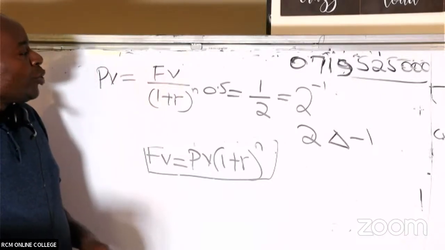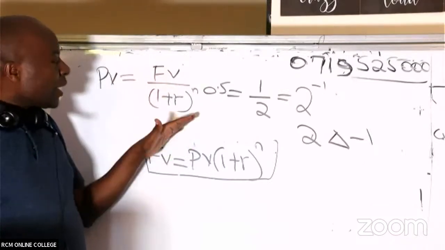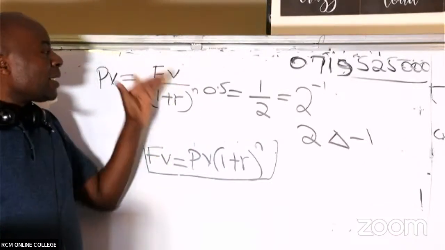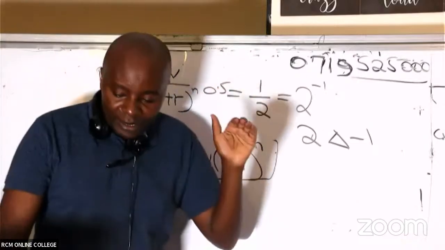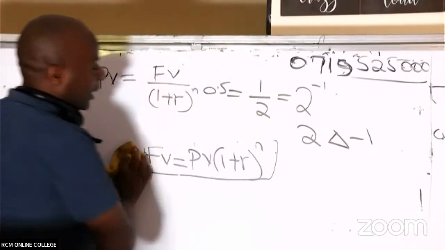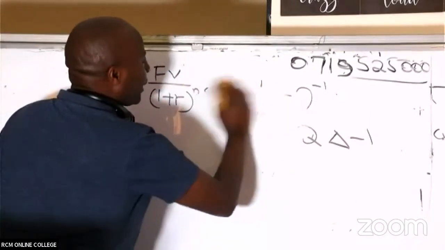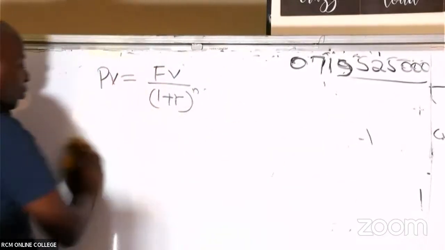So I would want us to use this same analogy to take this 1 plus r raised to power n up there. Ladies and gentlemen, if I do that, there's no problem. That I can do very well.